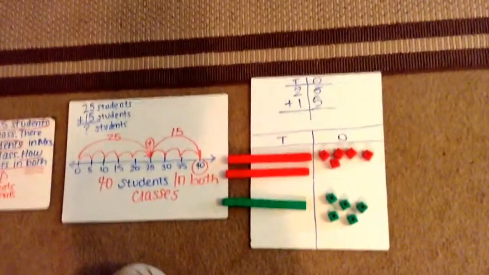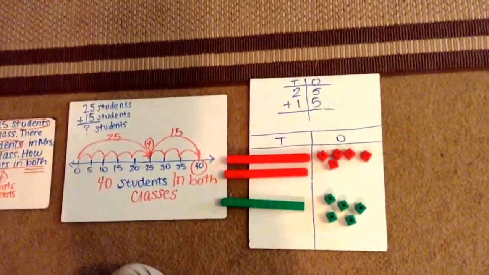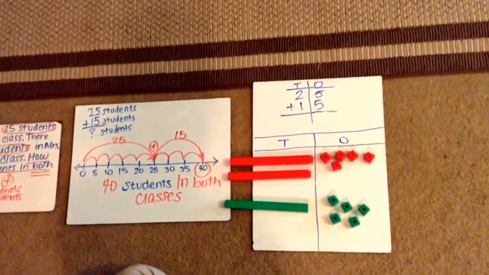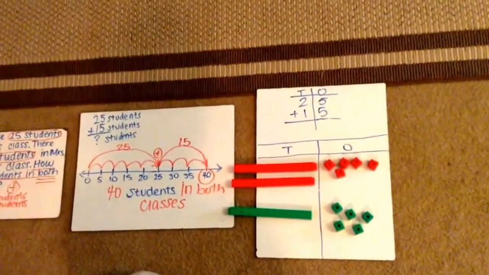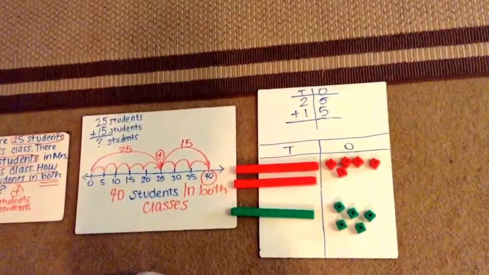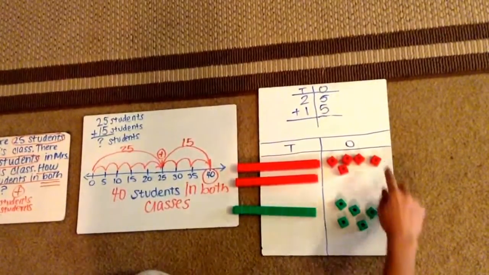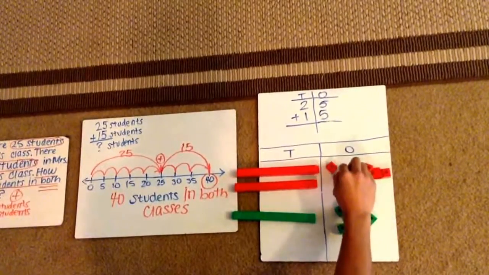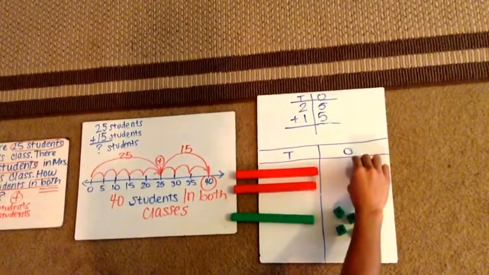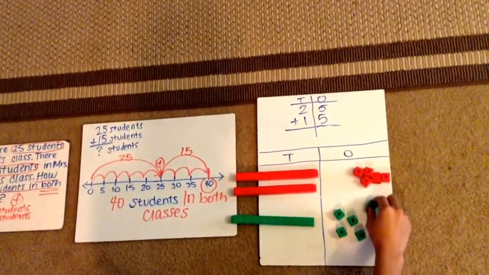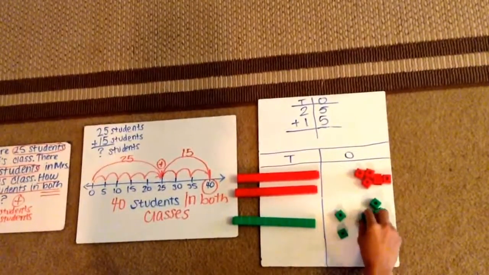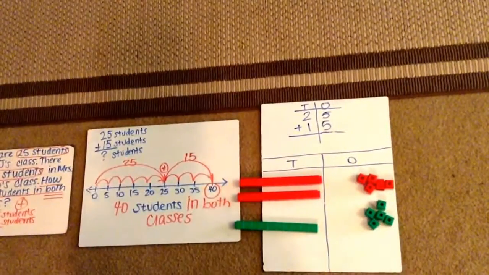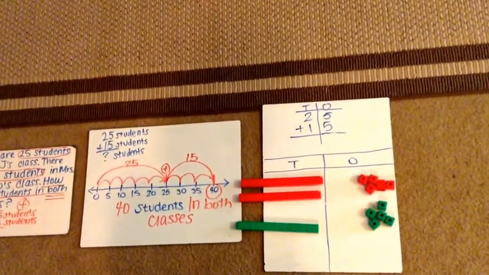Now we have to make sure that we don't have more than 9 units in the ones place, because we know that 10 units equals 1 long. So let's count them. 1, 2, 3, 4, 5, 6, 7, 8, 9, 10. Uh-oh, there's 10 in the ones place.